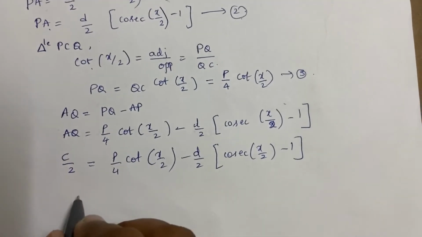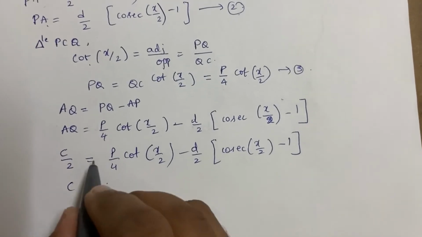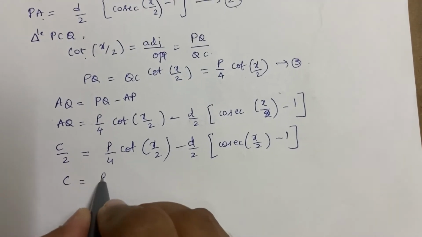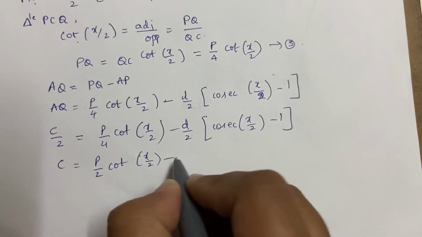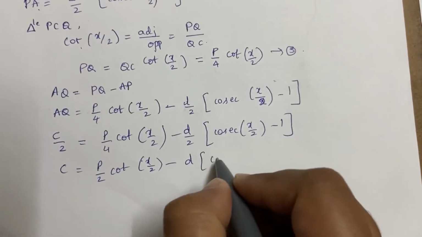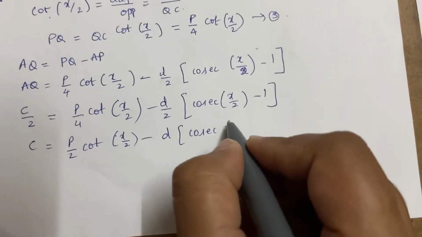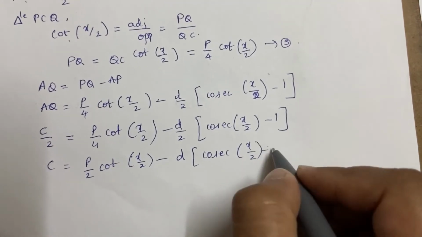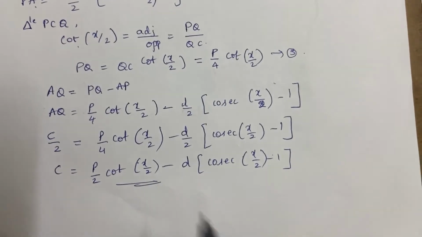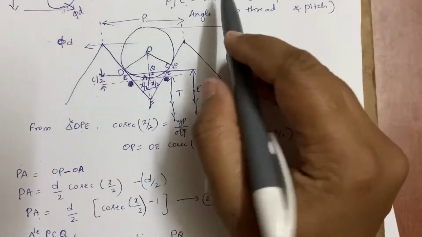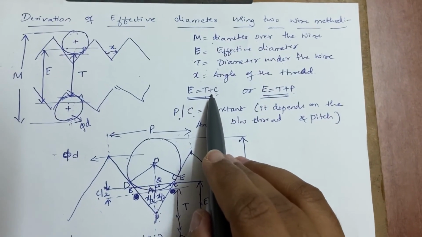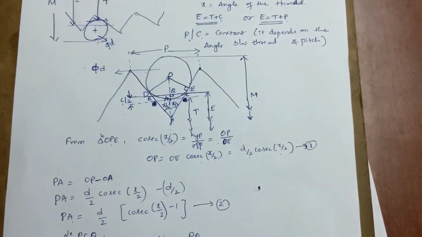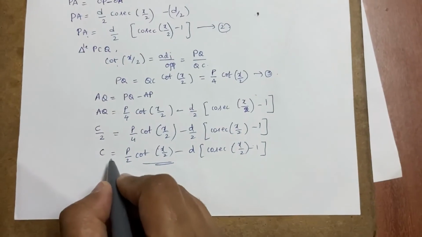Multiplying by 2, we get C is equal to P by 2 cot x by 2 minus D times cosecant x by 2 minus 1. This is the expression for the constant C that we use in the effective diameter calculation, E is equal to T plus C.